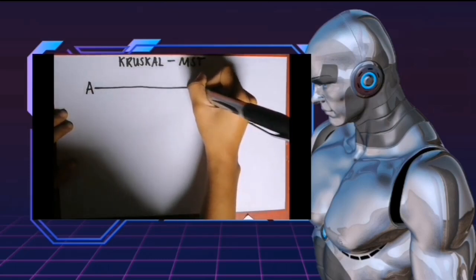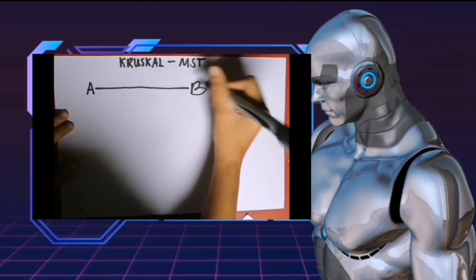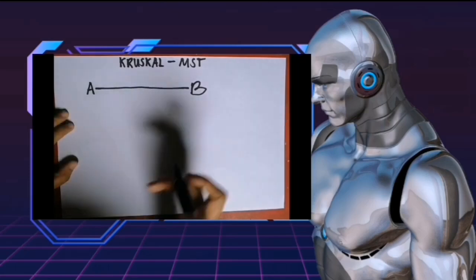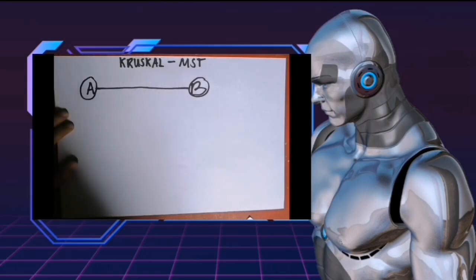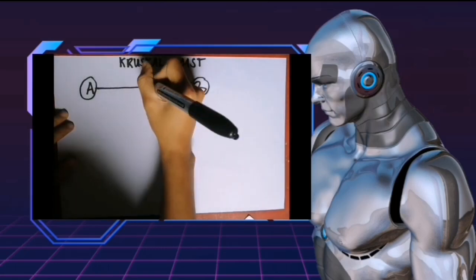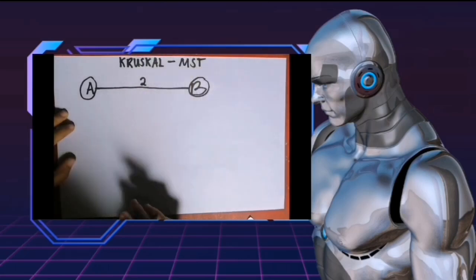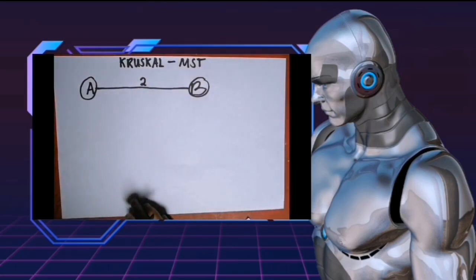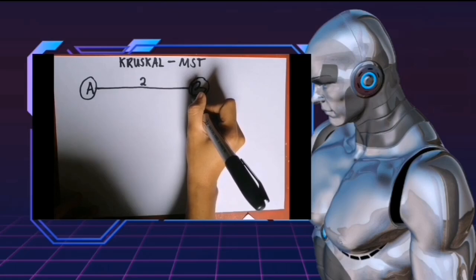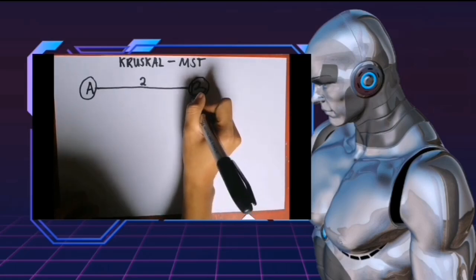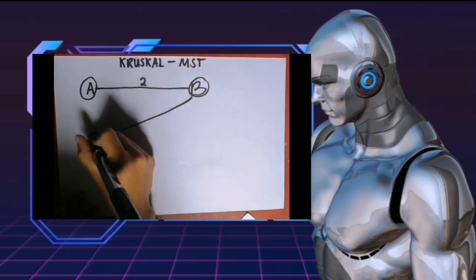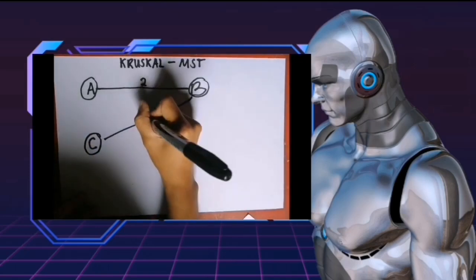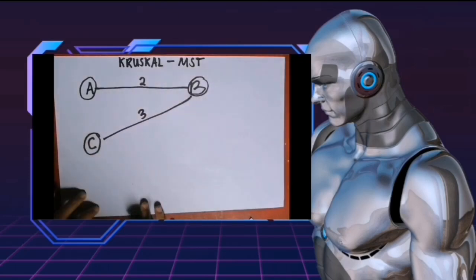So we write down A and B, and let's write also its weight 2. Next number is 3. So the vertices of minimum weight are B and C. So we connect B and C, and let's put its weight 3.